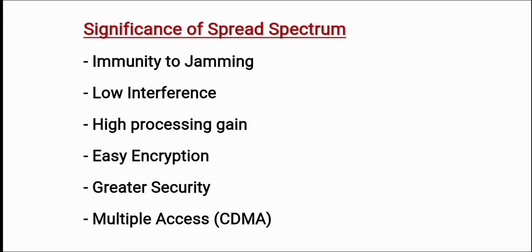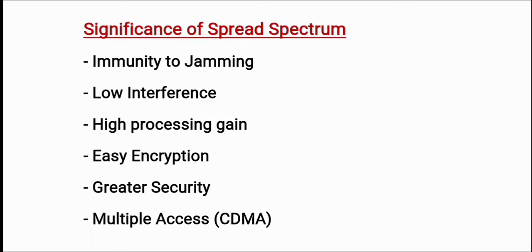If interference is produced in both, narrowband will get affected, whereas spread spectrum will not. So it has less interference. Hence, due to the less interference, it has a high processing gain.